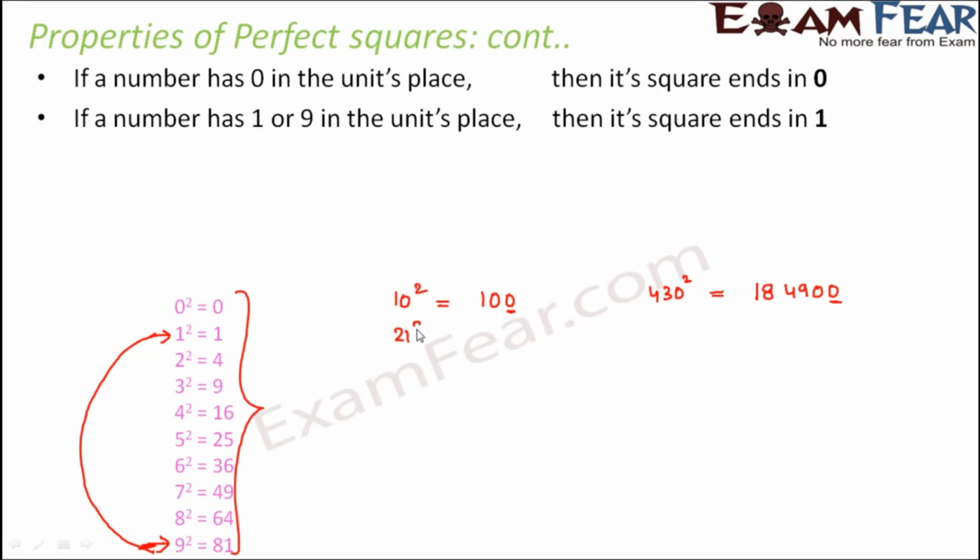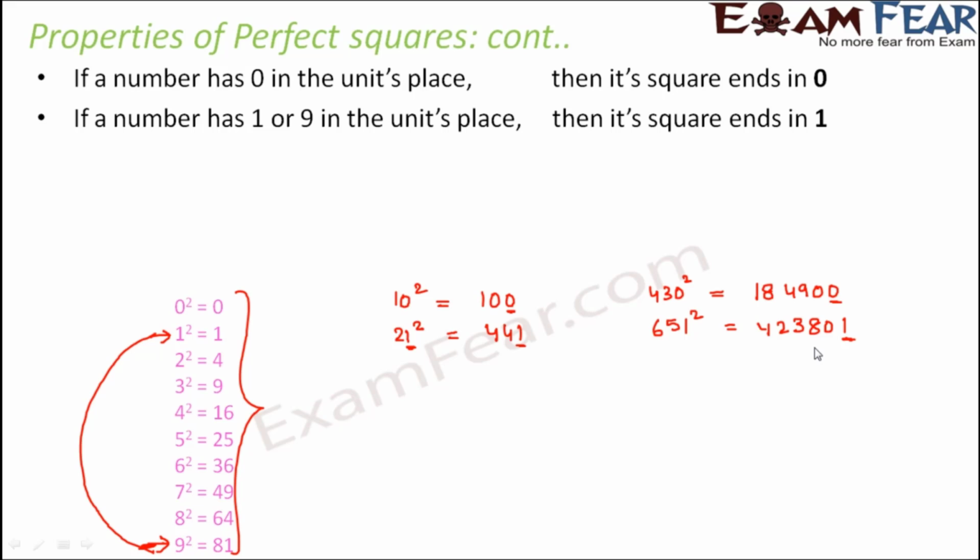Let's say 21 squared. What would be the value? 21 multiplied by 21 gives you 441. So you see, since the number had 1 in the units place, the result also has 1 in the units place. Think of a still bigger number like 651 squared. If you look at the exact value, it's 423,801. Again, 1 at the units place.